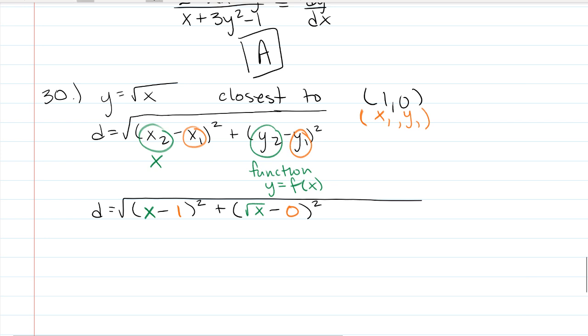Okay. Now we're going to clean this up a bit. The x minus 1 squared gives us x squared minus 2x plus 1. And the square root of x minus 0 is the square root of x. Square it, and we get plus x.